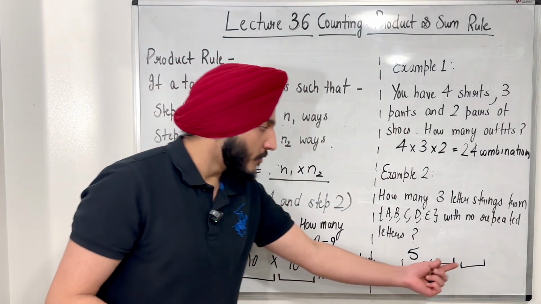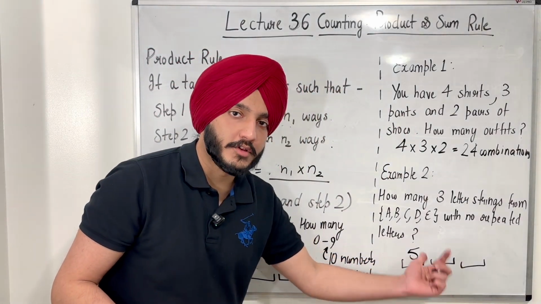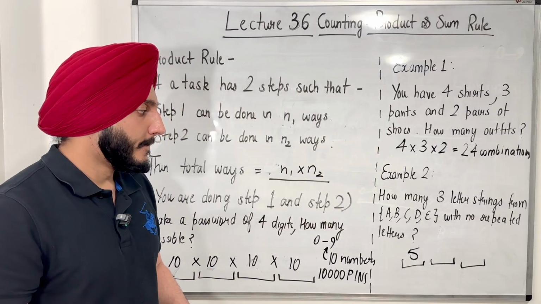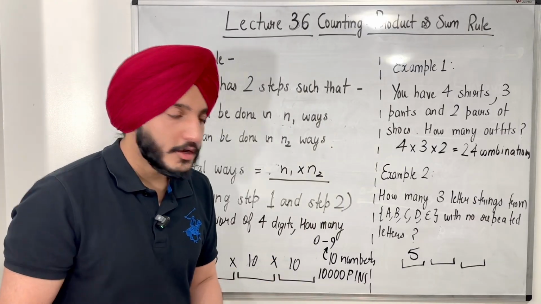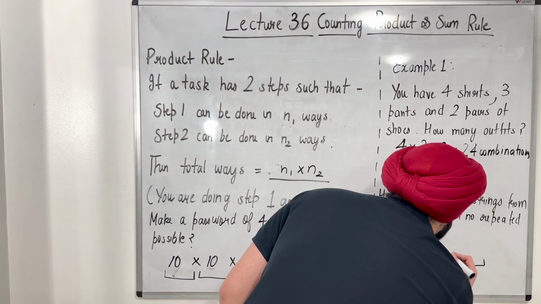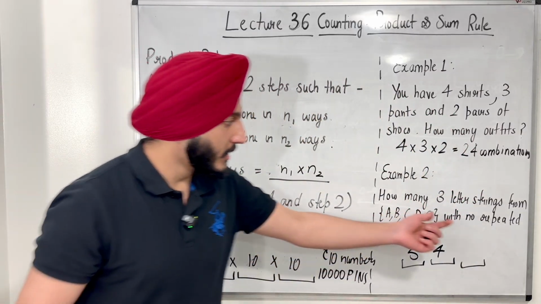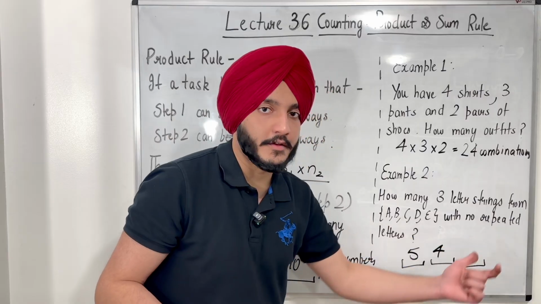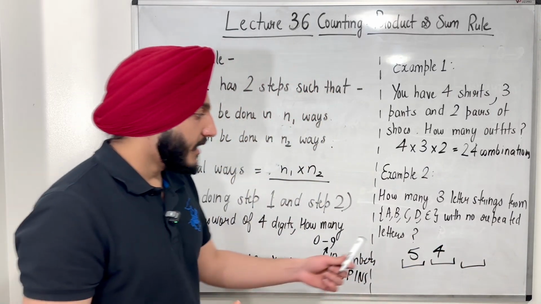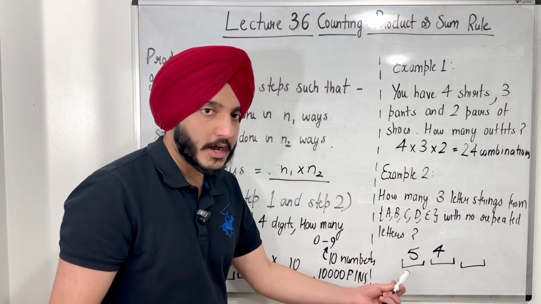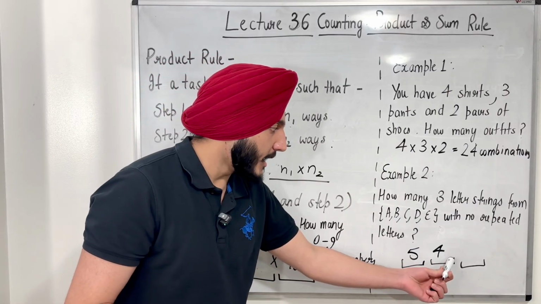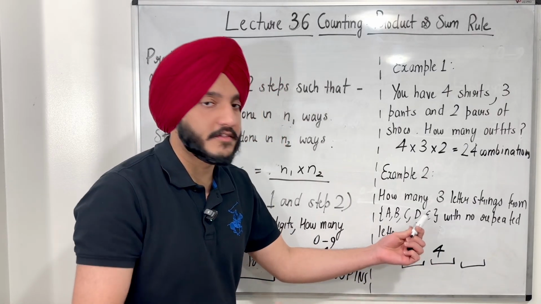Now think about how many possibilities you would have for the second one. You would have 4 possibilities. Why? Because the question says you cannot repeat the letters. If I used A the first time, for the second time I would only have B, C, D, E as options.